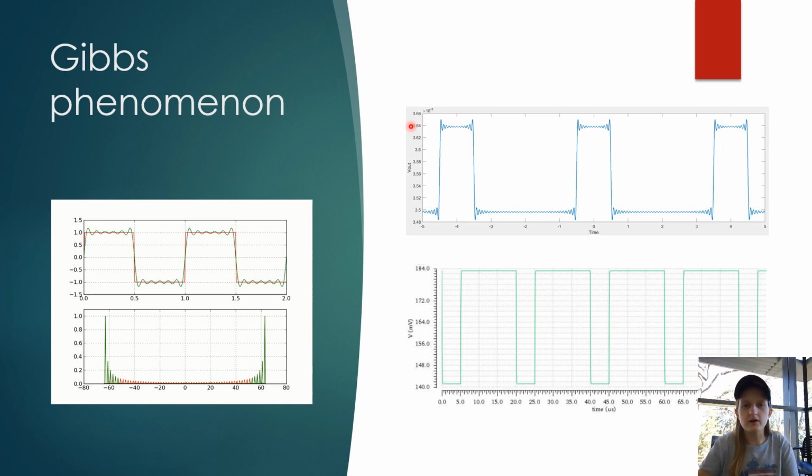The time where the maximum overshoot is reached moves closer and closer to the discontinuity as the number of terms summed increases, as you can see here. So once the overshoot has passed a particular time interval, convergence at a specific value of t is possible, which is pretty neat.